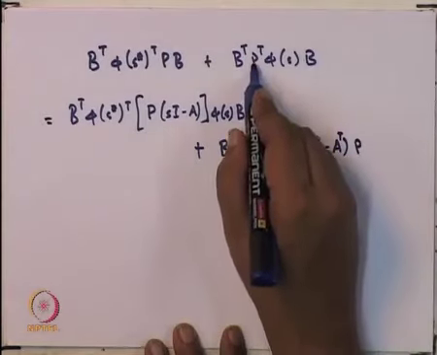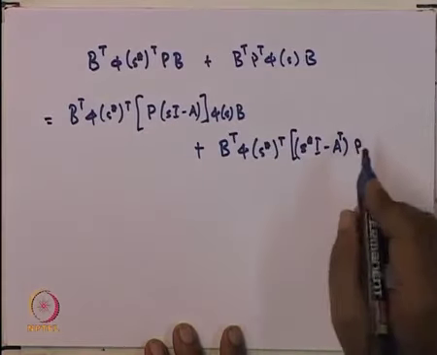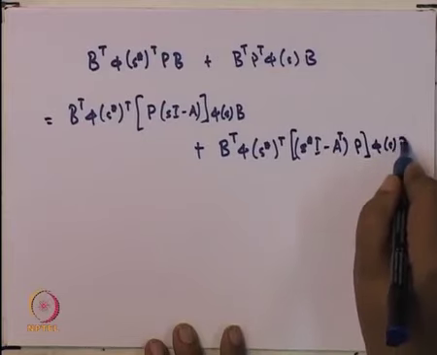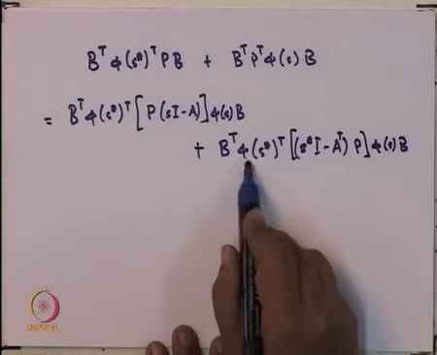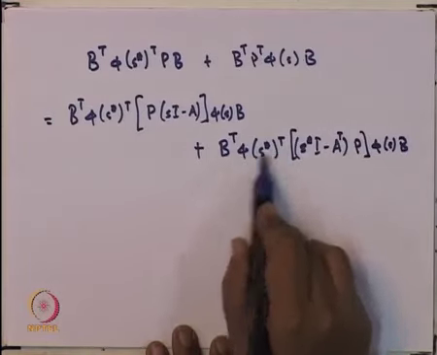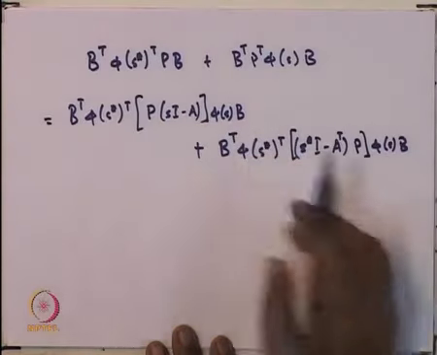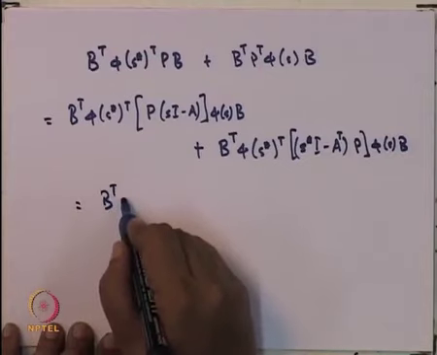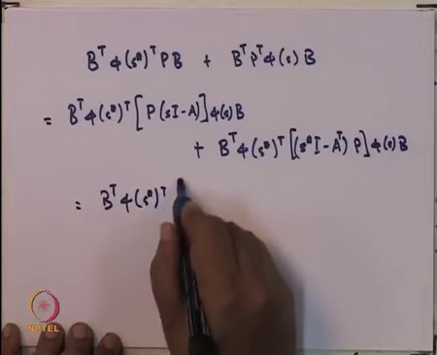Because P is a symmetric matrix, P transpose is the same as P, so I'm just putting P here, and then I have phi S B. Now if you look, both the terms have B transpose phi S star transpose on the left side and phi S B on the right side. So what is inside can be put together, and what you have is B transpose phi S star transpose.